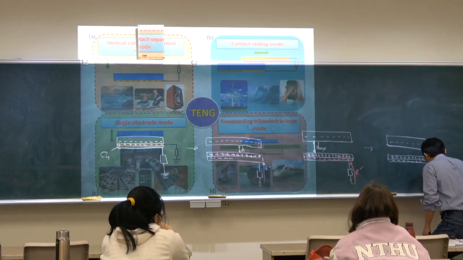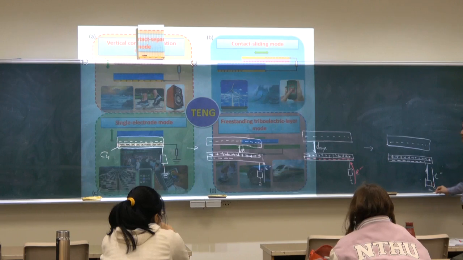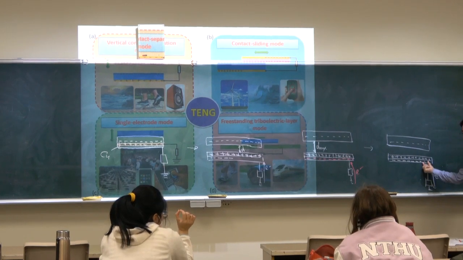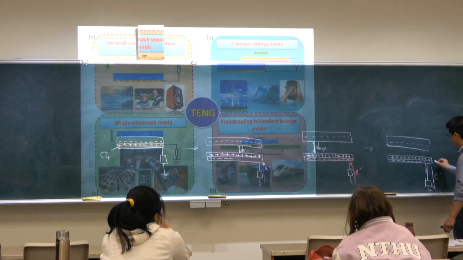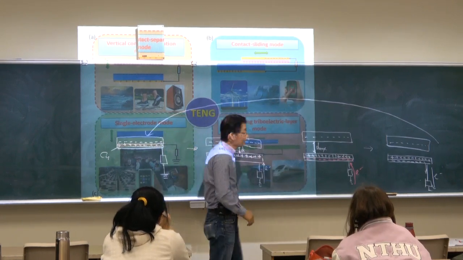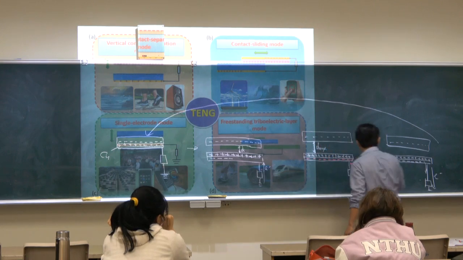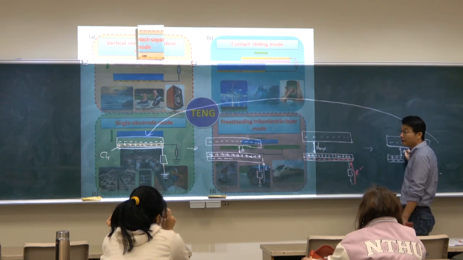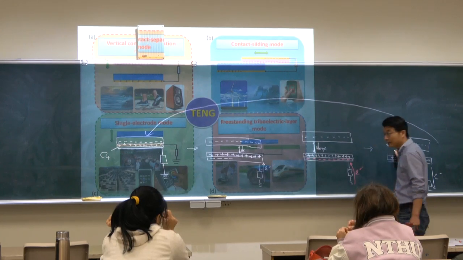So the electron will flow out, right? Electron flow out. So there's no electron, right? No electron, right? And finally, to here, right? This is D. This is D state, right? D must be.